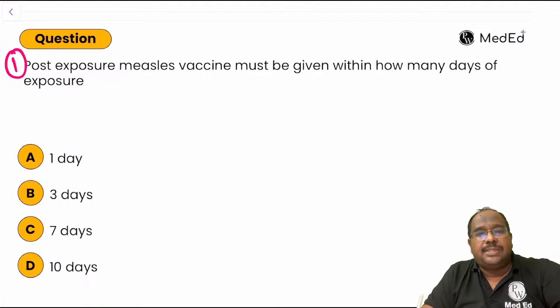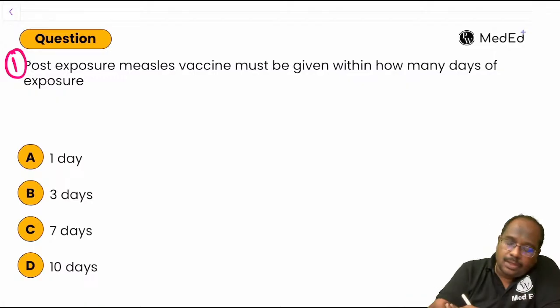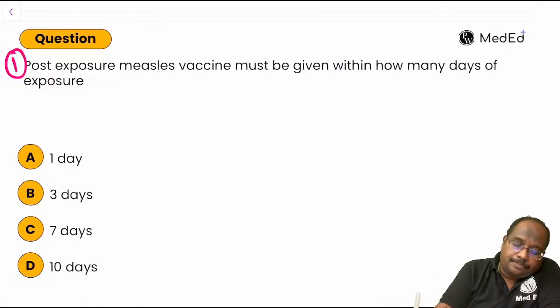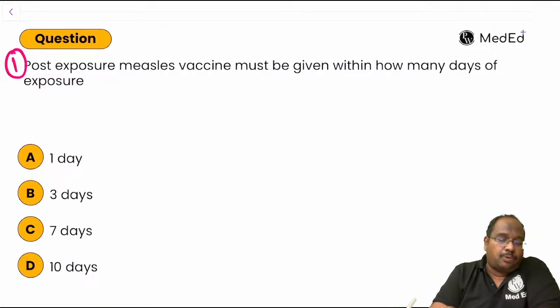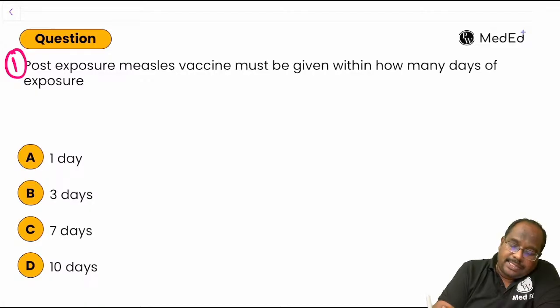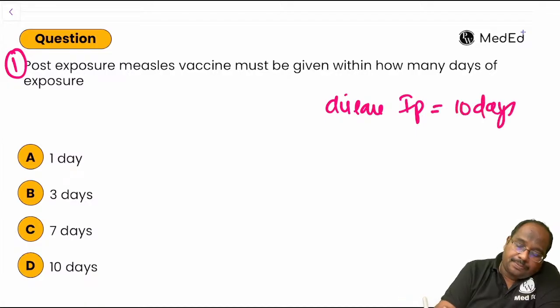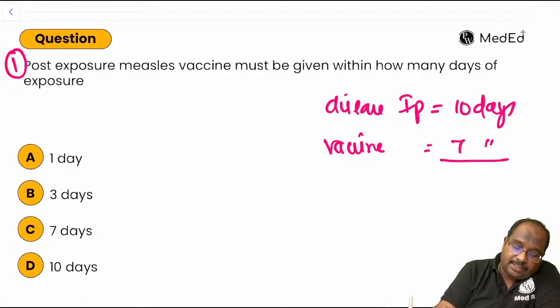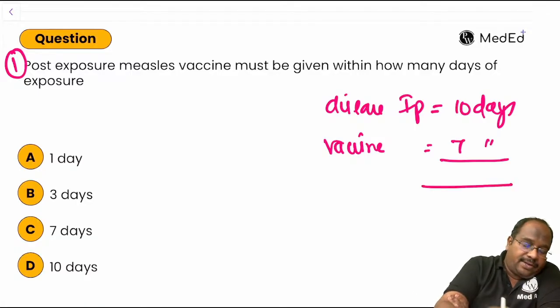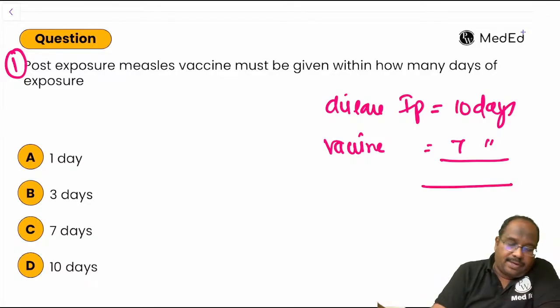Post exposure measles vaccine must be given within how many days of exposure? Look here. For a disease, the incubation period is 7 days for the vaccine.